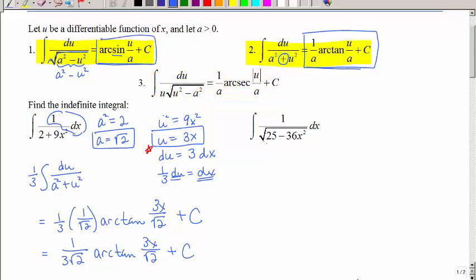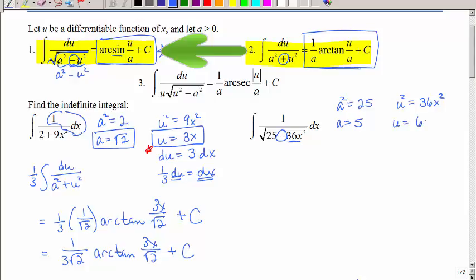Looking at the second example, I see a square root and I see a squared minus u squared, so I'm going to be thinking arcsine. So a squared is 25, a is 5, u squared is 36x squared. You don't put in the negative, that's really part of the formula, if you will.